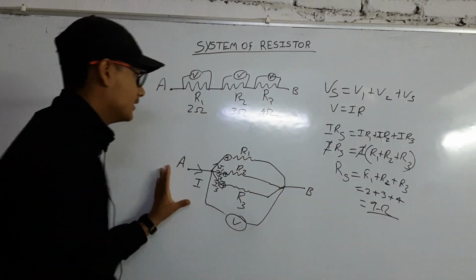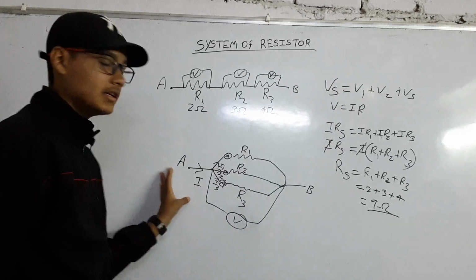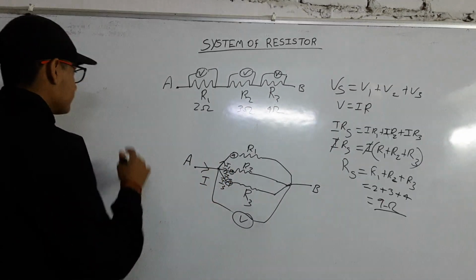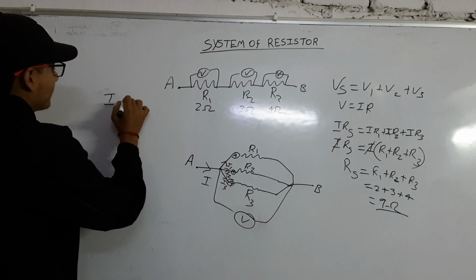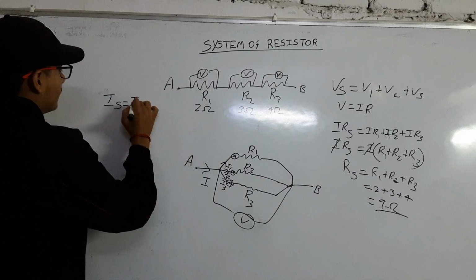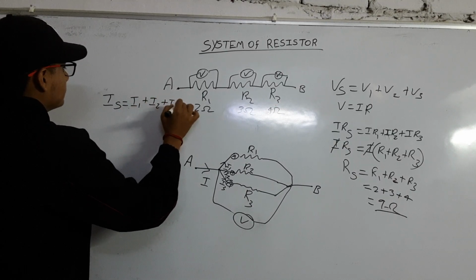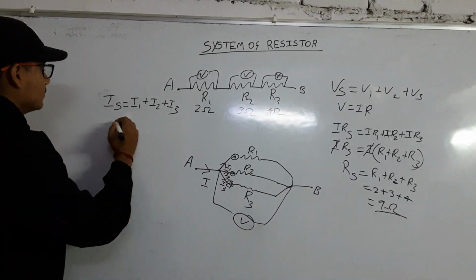Now we will see the derivation of a parallel system of resistor. So we know that here I changes, so we can say that I is equal to I1 plus I2 plus I3. Okay, now we will substitute it with Ohm's law. So what is Ohm's law?